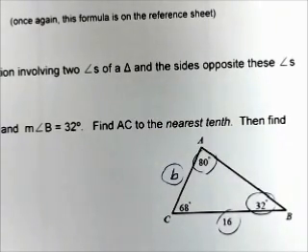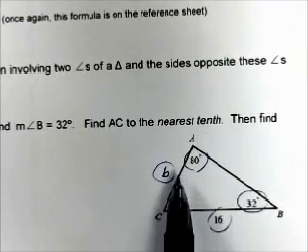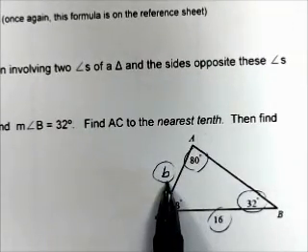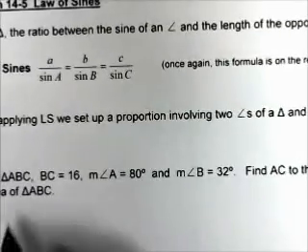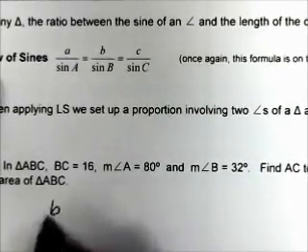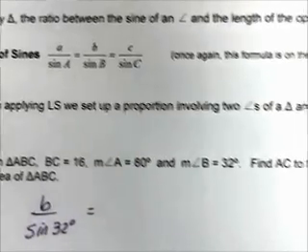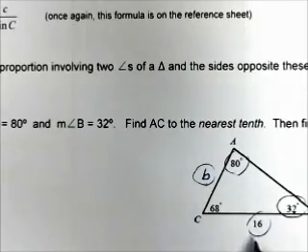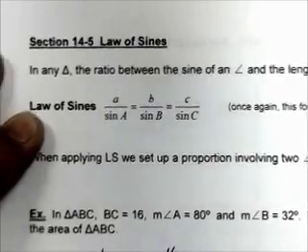So we set up a proportion saying that the ratio of the side opposite angle B, lowercase b, to the sine of angle B, so b over sine of 32 degrees, is going to equal 16 over sine 80. I think I said 180. It's just 80. Okay, so here we have our proportion.